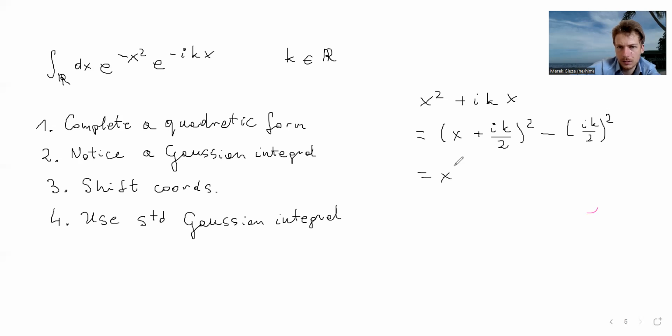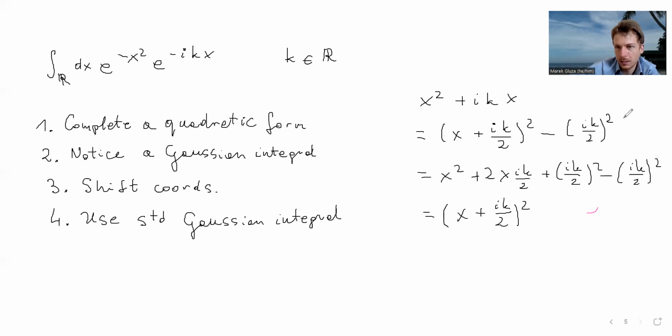Let's see that this works. x squared plus 2x i k over 2 plus i k over 2 squared minus i k over 2 squared. Now what this is here, just for the computation, we don't care, but later we will find this useful. So I have plus i k over 2 squared, and then minus i squared, then I have plus k squared divided by 4.